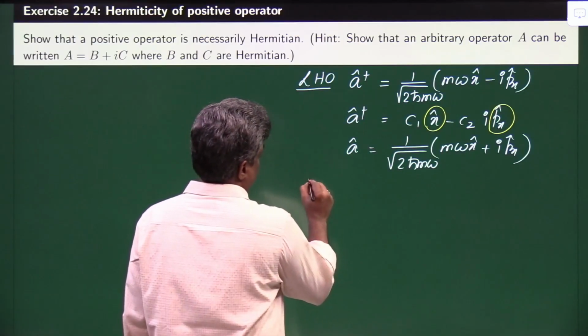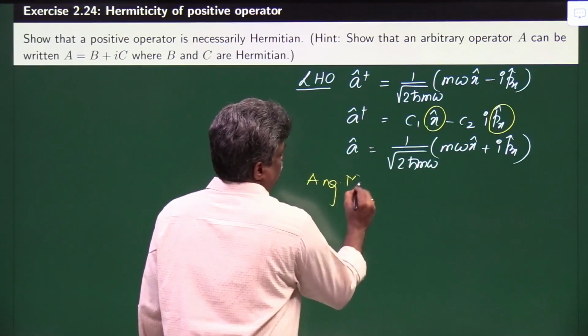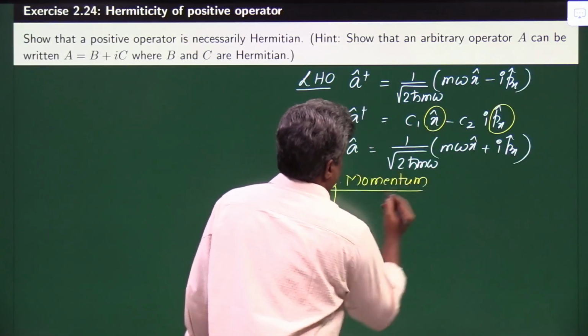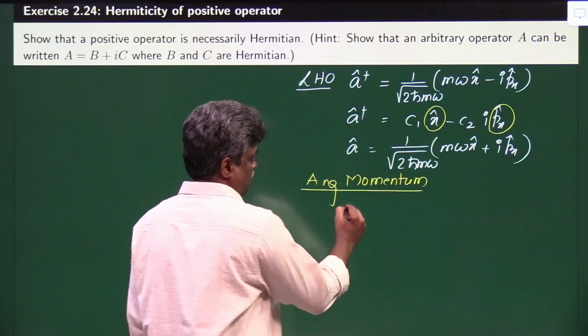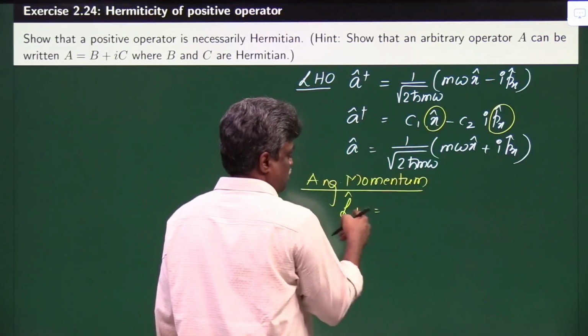And one more example we can give is angular momentum algebra. In angular momentum algebra, we have the ladder operators, L plus, which is an arbitrary operator.